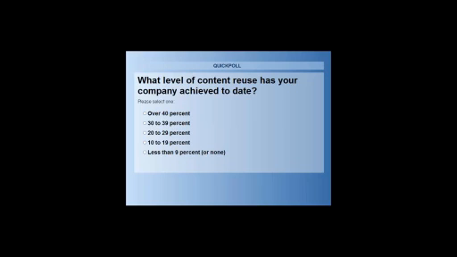A lot of this has to do with the level of information that you started to identify and move into a CCMS. For example, you may be just starting out and have a couple of documents in your CCMS. When you get to 10 or 20 or 30 or more, you may have quite a bit of content for potential reuse.